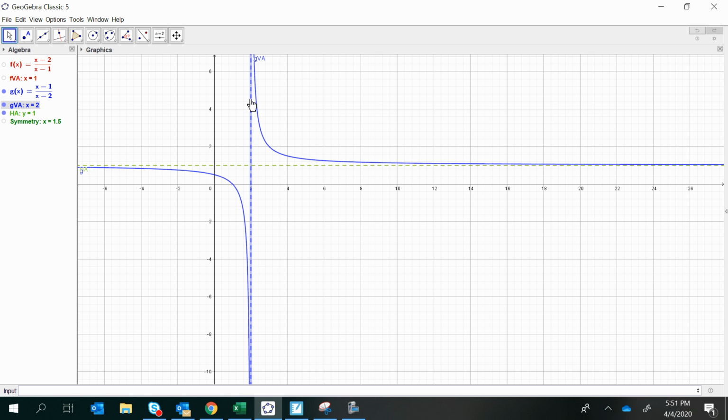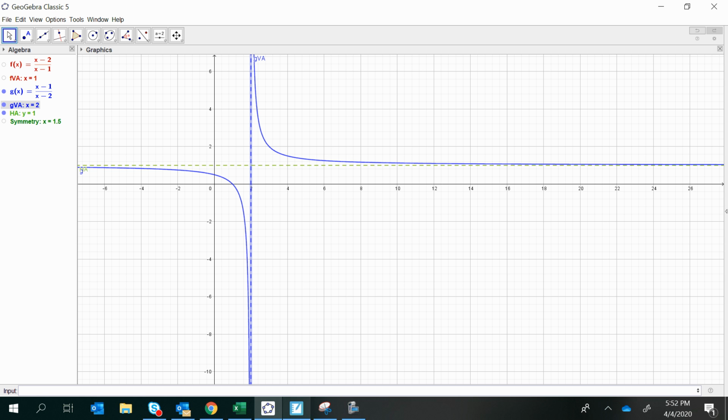On the other side of my vertical asymptote, as my x values approach the vertical asymptote from the right, the y values are going towards positive infinity, and as I move away from my vertical asymptote towards positive infinity, my y values are getting very close to my horizontal asymptote again, and they're above it.